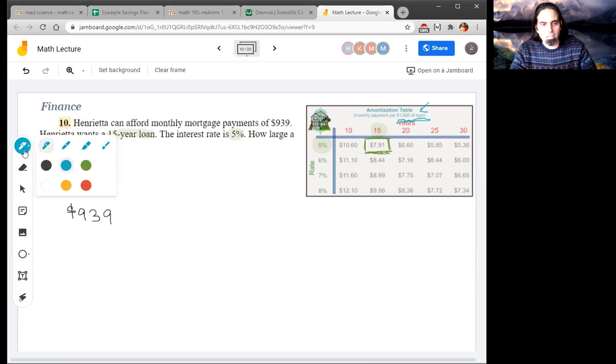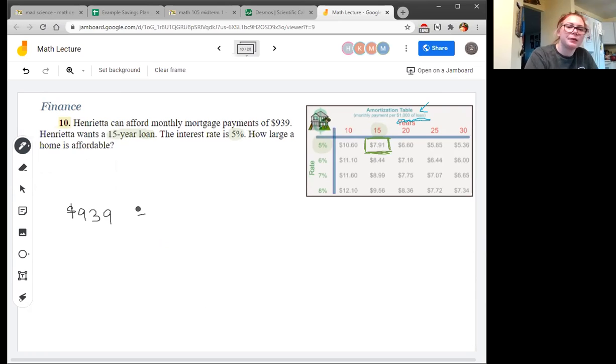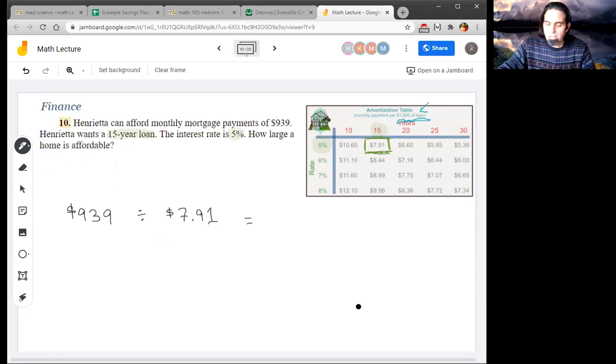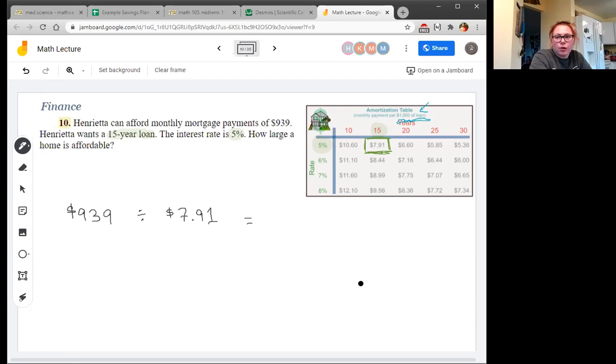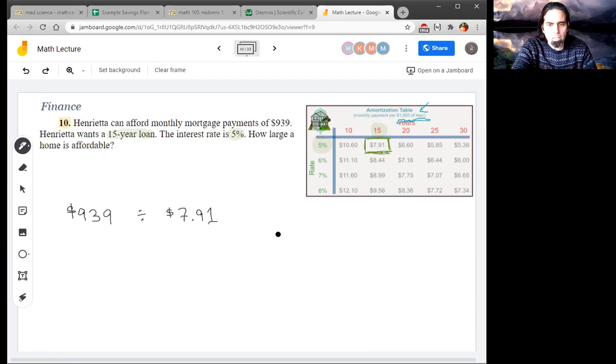And how do we find how many times 791 fits into the 939? You divide it. $118.71. Okay, so I'm going to round, and we could round up or down. If she wants to stay a little under budget to be safe, then 118 would be a perfectly acceptable answer.